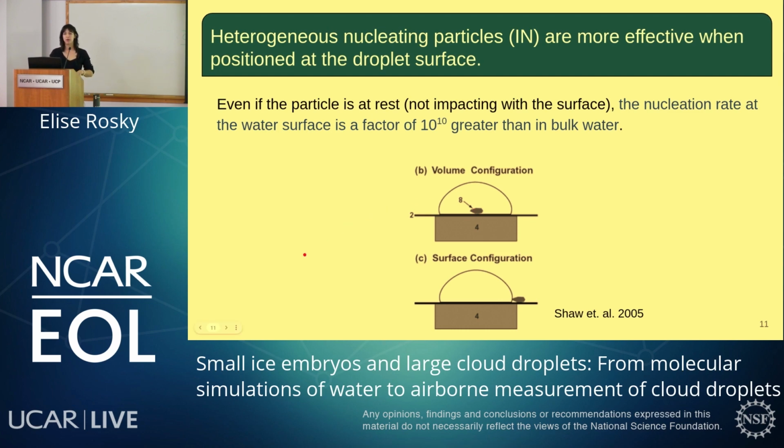So this might tell us that the surface of the droplet has a higher nucleation rate than within the volume of the droplet, or the surface at least plays some important role.